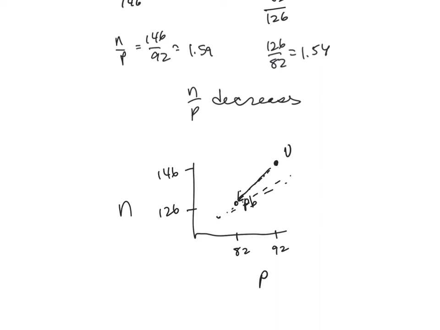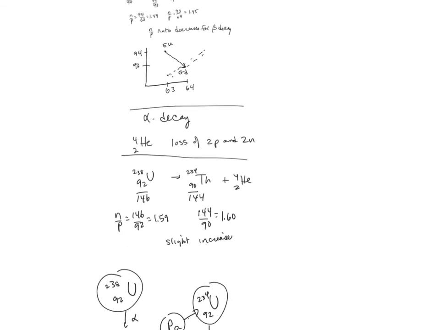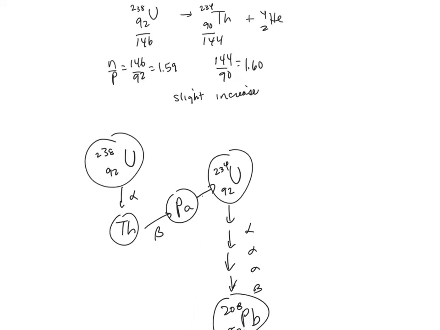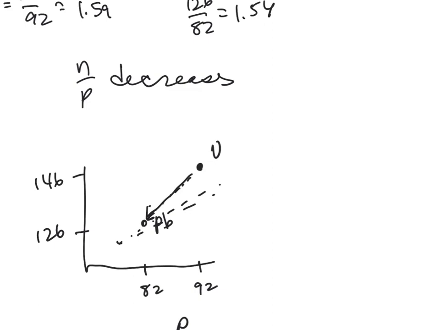So if you look at the big overall process, you get a different result than for beta decay here. So you have it's going down and to the right. Over on the other one, it's going down and to the left.